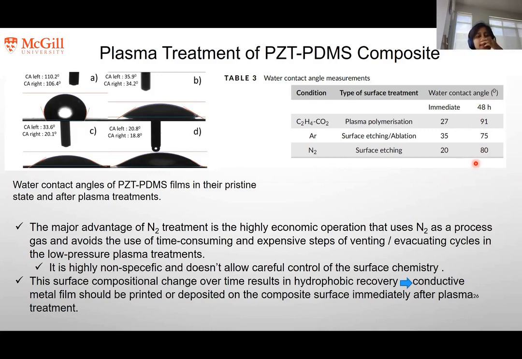Definitely the nitrogen one gives us a lower contact angle right after the treatment, so it's pretty effective. But we can also conclude that once we treat the film, we need to print the metal layers as fast as possible, so that the surface doesn't become hydrophobic over time.